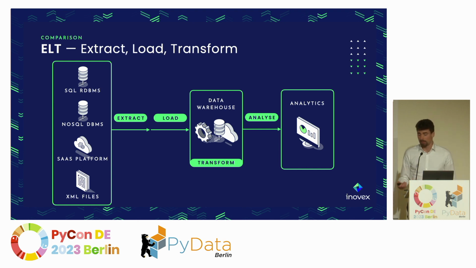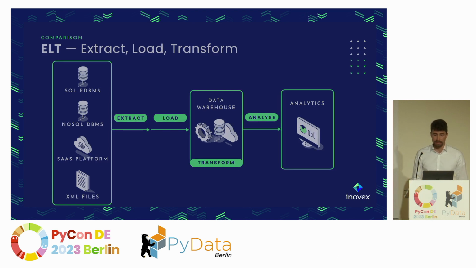So this reduces drastically the whole complexity. You only have one processing engine within your data warehouse. It's more integrated, and this also gives you faster access to new incoming data. So this is then ELT.